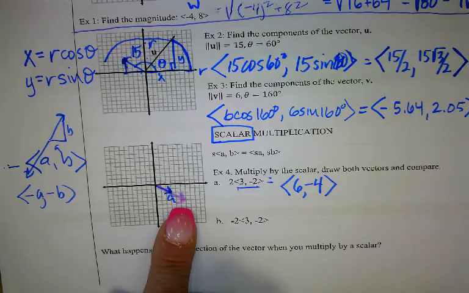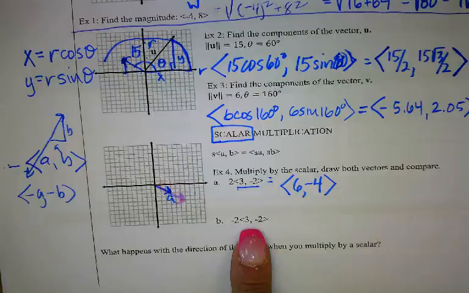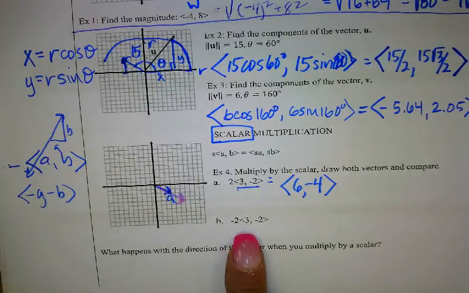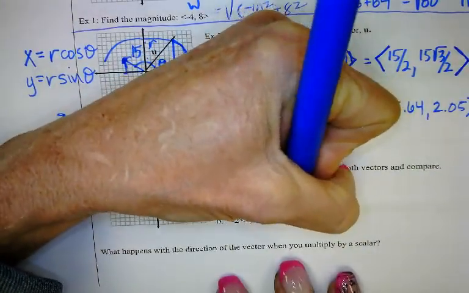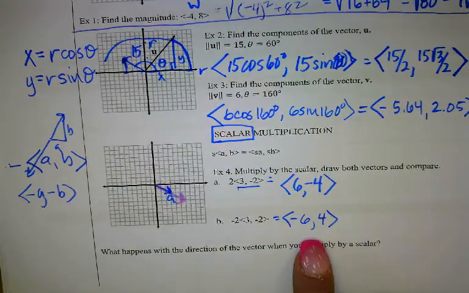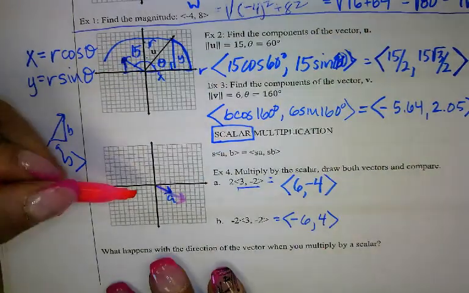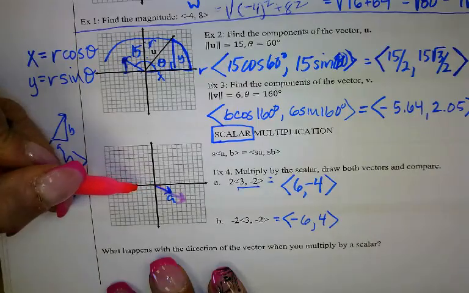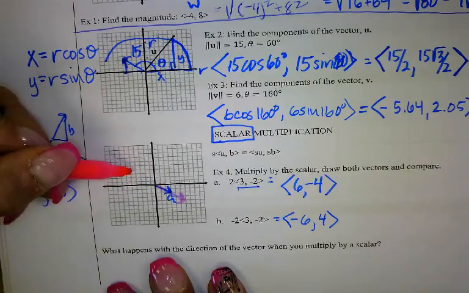All right, so now I've got that same vector, and now I'm going to multiply it by negative 2. I get the vector negative 6 comma positive 4. That vector, negative 6, positive 4, is that vector right there.